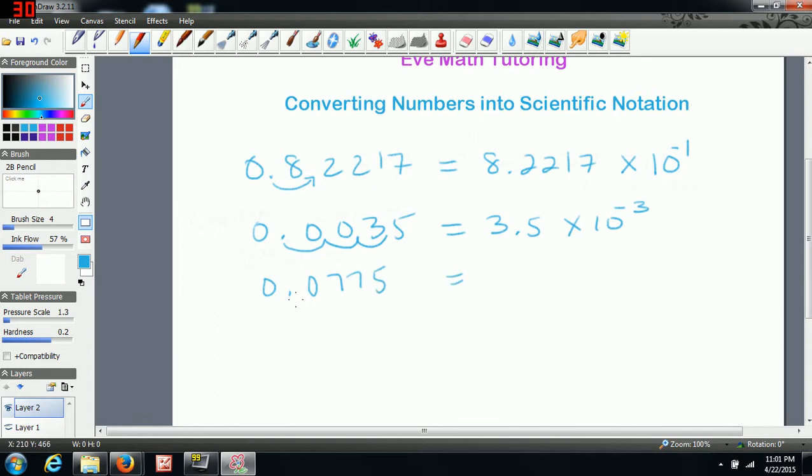Okay, so this one we would have to move it over 2 times because we want to reach a number other than 0. So that's going to be 7.75 times 10 to the negative 2.